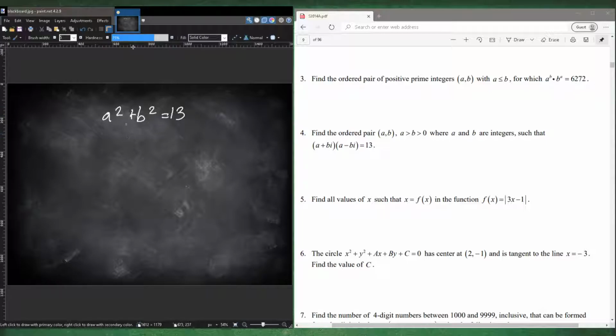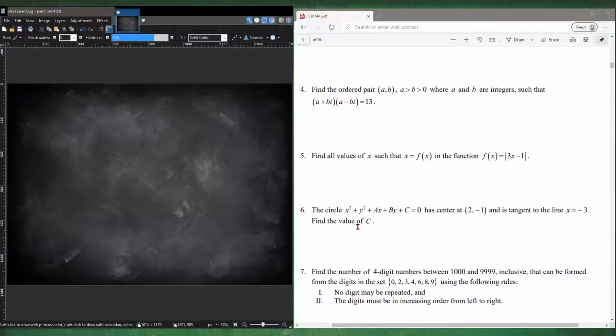So the only one that works is going to be a 2 and a 3. And since A is greater than B, it's got to be 3, 2, actually. And that's your answer for number 4. Because 3 squared plus 2 squared is 9 plus 4, which is 13. And that's the only one that works.